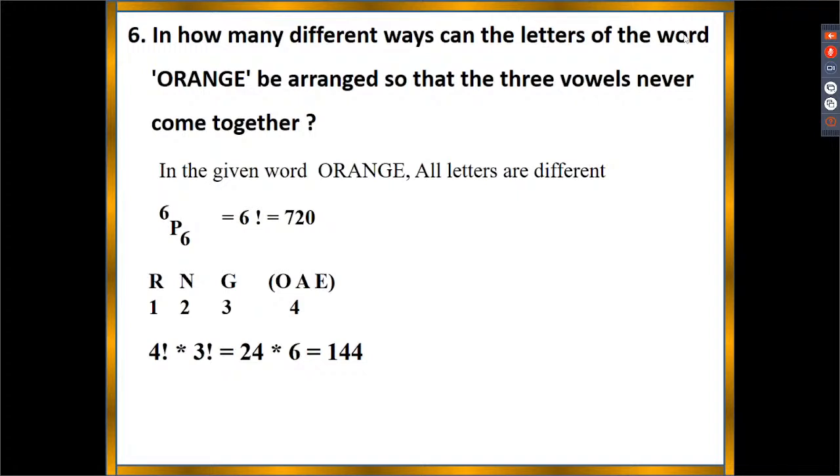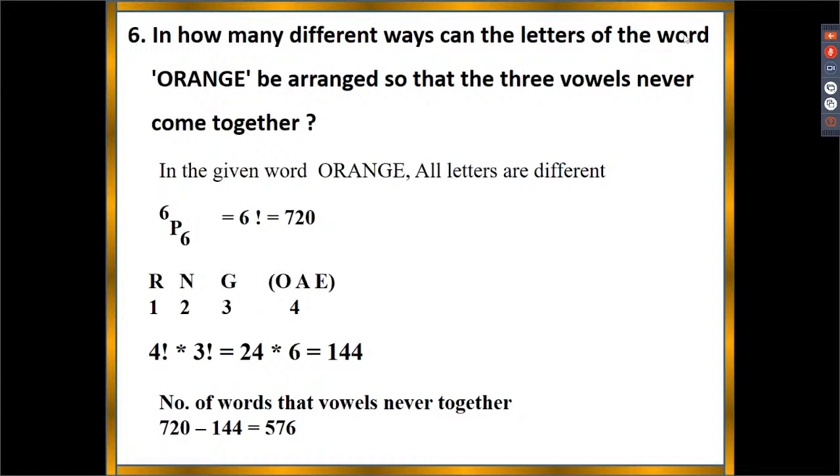The remaining 720 minus 144 are the words where the vowels never come together. Do it fast. 576.